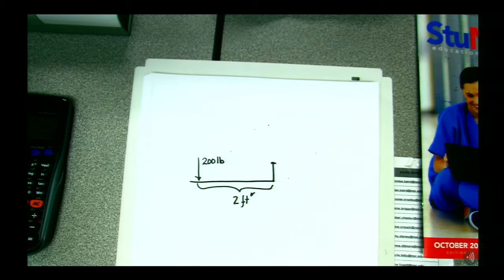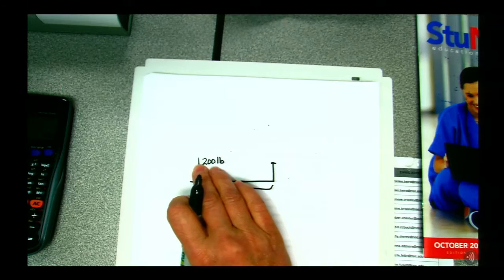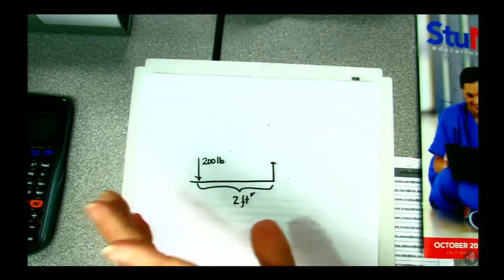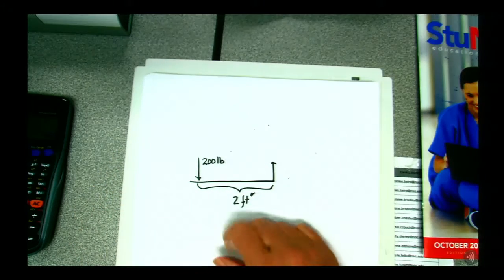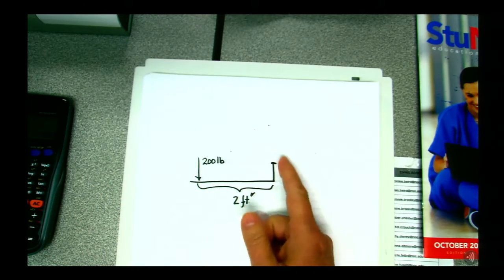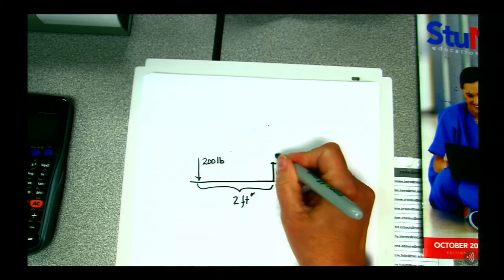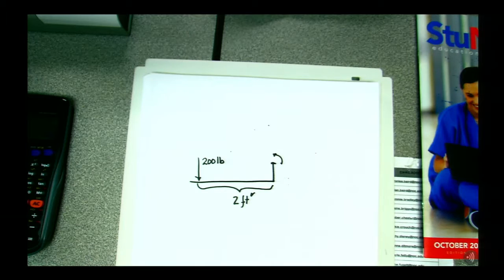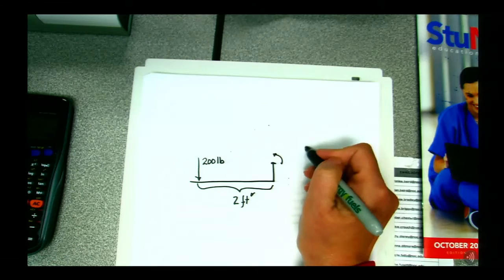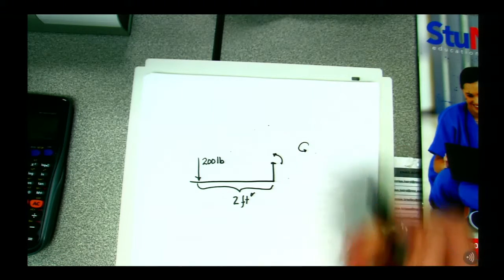If I'm putting my force down and rotating here, this is going to cause a rotation in that direction. I'm going to get my lefty-loosey, because that's what I want. That will have my nut rotate around this way and loosen up.